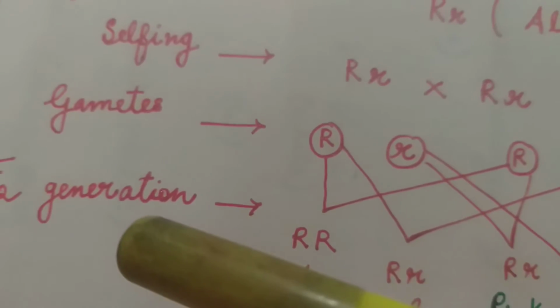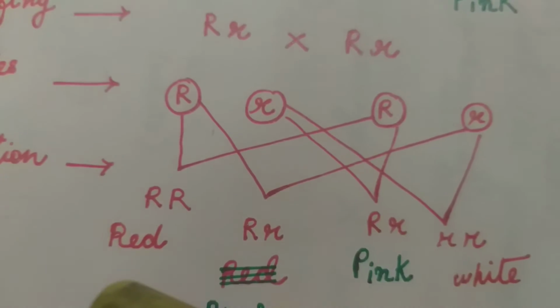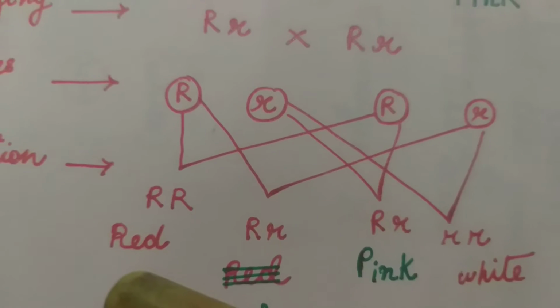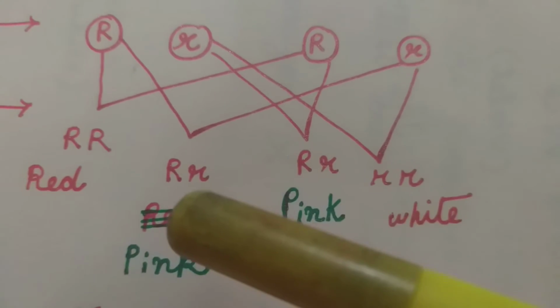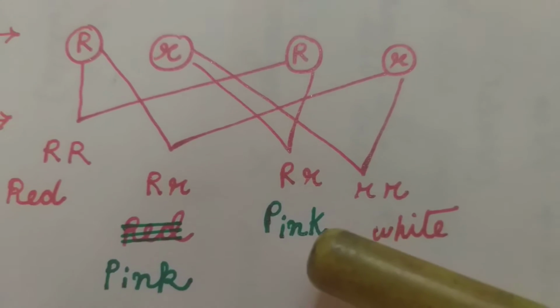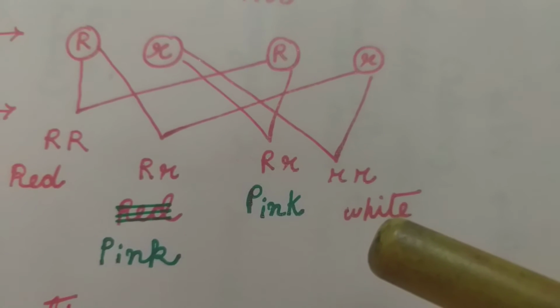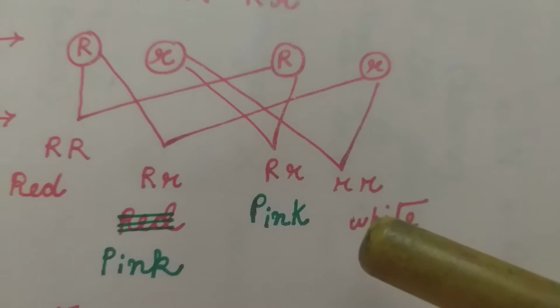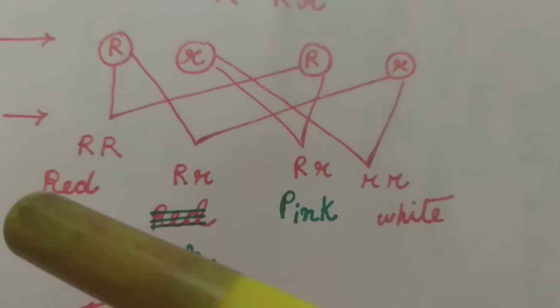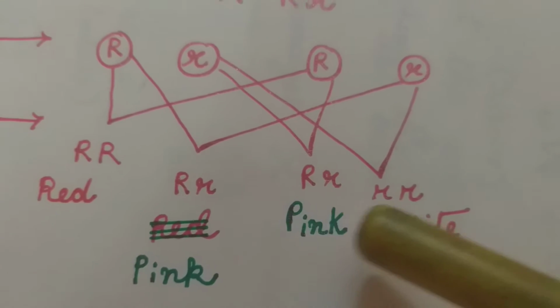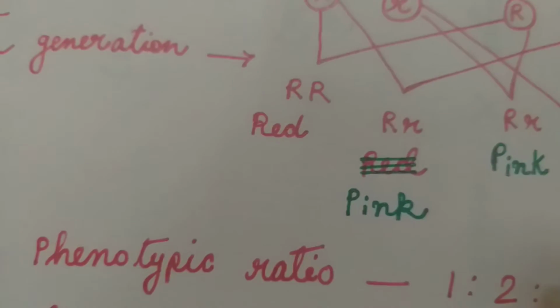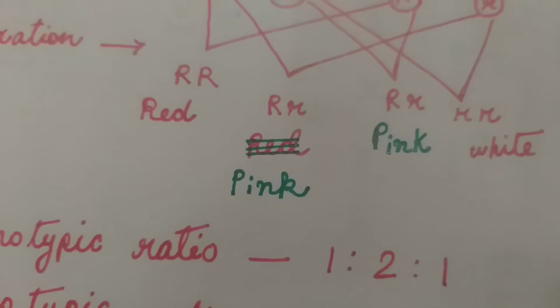So F2 generation consists of what? Red flowered snapdragon, pink flowered snapdragon, pink flowered snapdragon, white flowered snapdragon. The phenotypic ratio is 1 red, 2 pink, 1 white. Phenotypic ratio is 1:2:1.